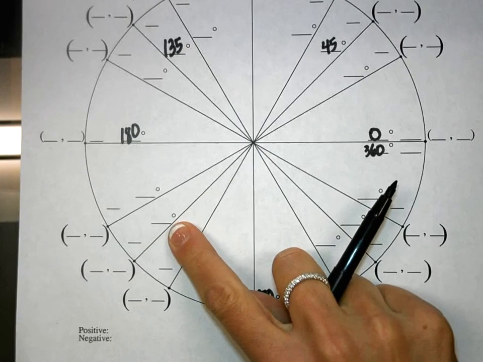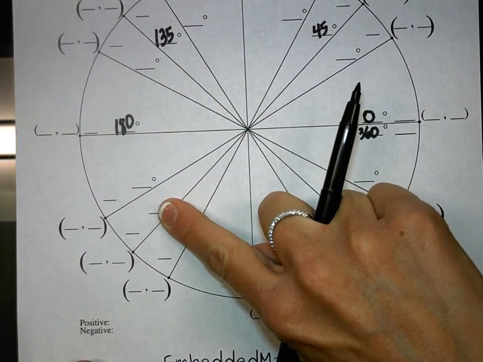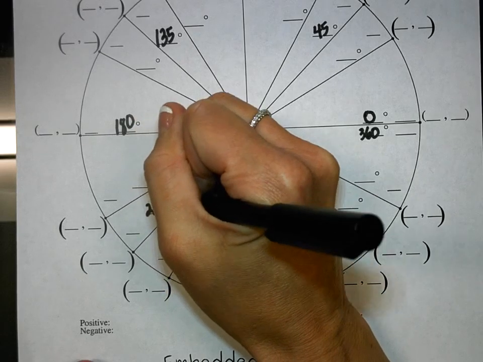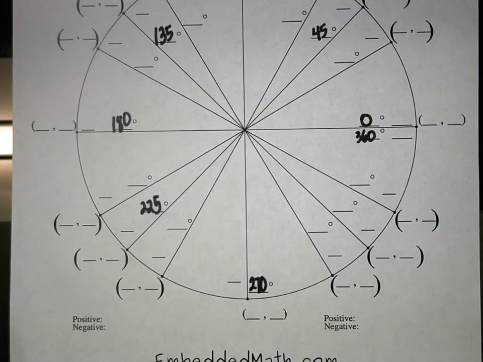Okay, same thing with the middle here. We'd have to take 180, add 45 to it, which would be 225. And then the halfway point here would be, yes, Jen? How did I get 45 degrees?